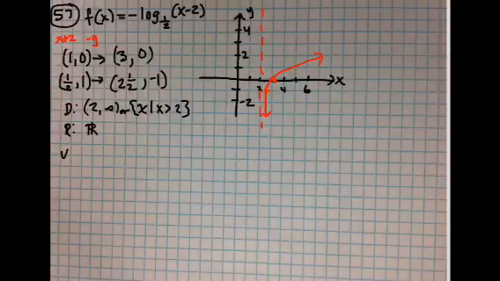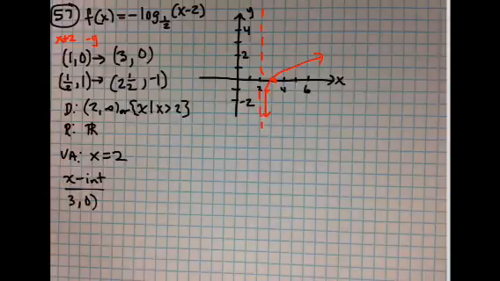Vertical asymptote, x equals 2. And x-intercept, well, that one's easy because it's already here on the list. So (3, 0). Y-intercept, again, this one has none.